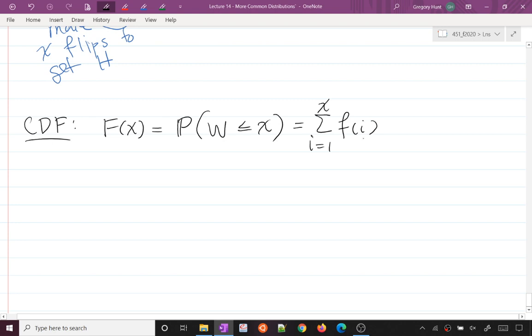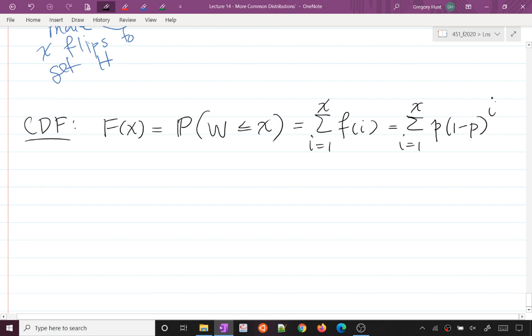Think back to when we introduced CDFs, that's the fundamental relation between CDFs and PMFs for discrete random variables. So I can just sum up my PMF over all values less than or equal to little x. And our formula for that is the sum, i goes 1 to x, of p times 1 minus p to the i minus 1.